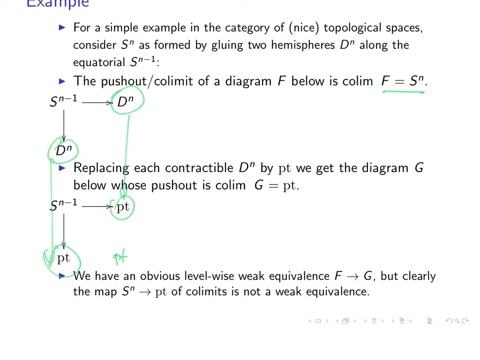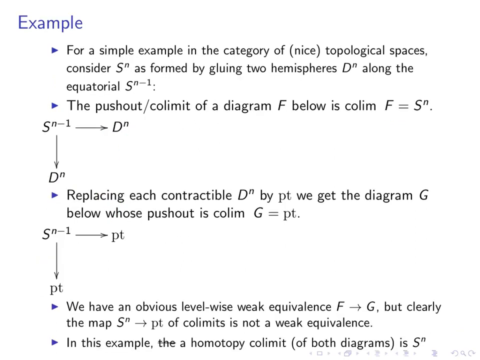So this illustrates that ordinary colimits are not homotopy invariant. If you replace the objects by weakly equivalent ones, you get a potentially different colimit. And in this example, a homotopy colimit is Sn.